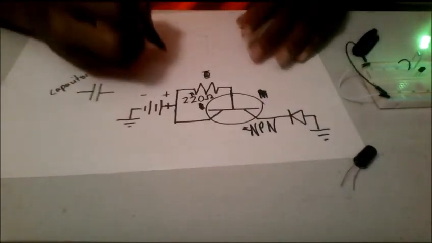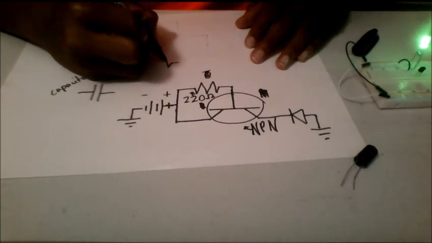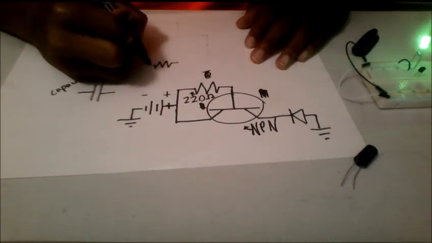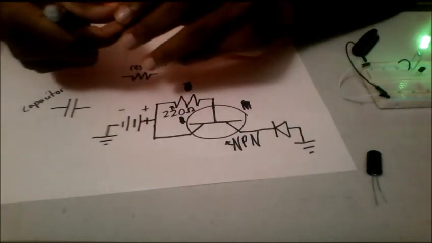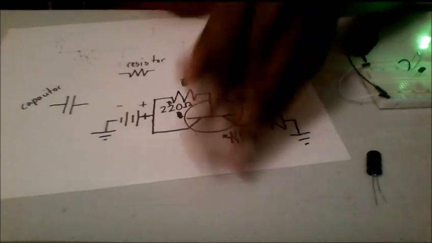As I said, resistor looks like this. A button looks like this.